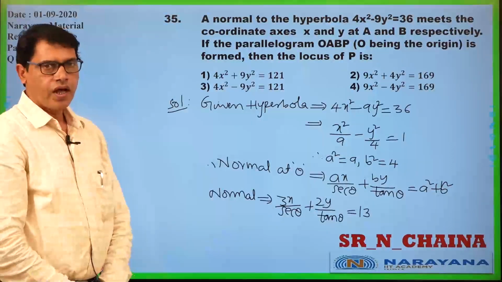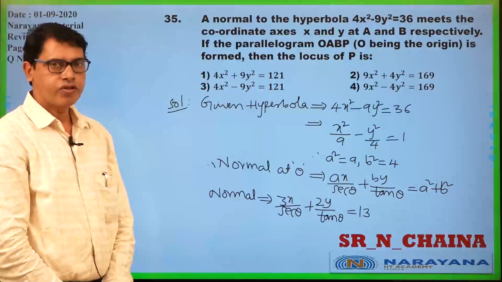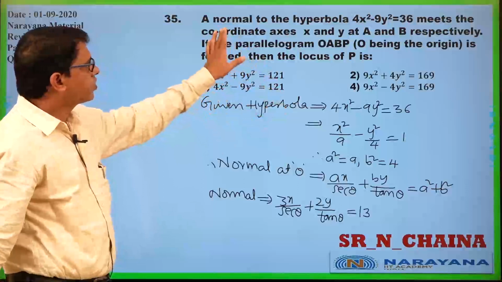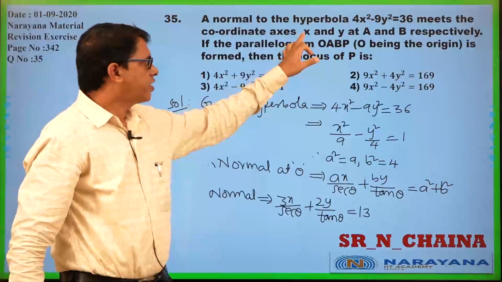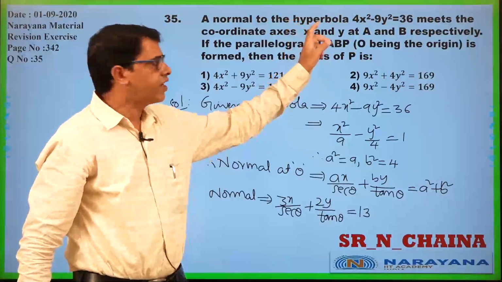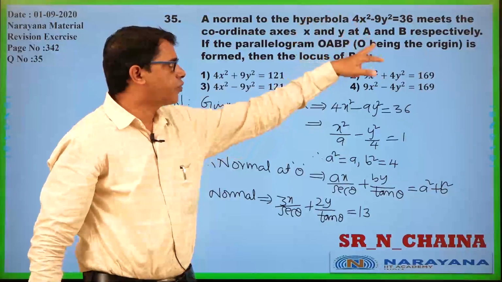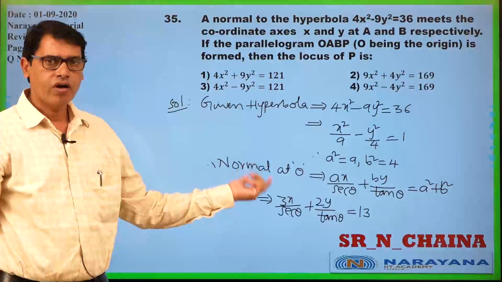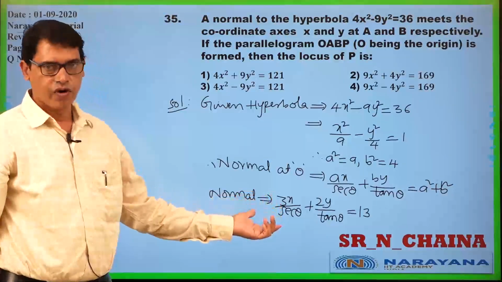So here I am bringing the equation into the intercept form, because what is given? Normal is intersecting x-axis at A and y-axis at B. So to find the coordinates, either you can put y equal to 0 or bring into the intercept form.